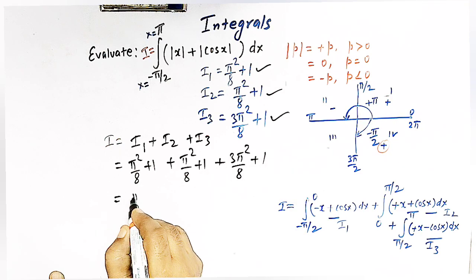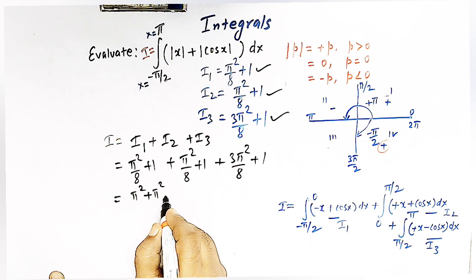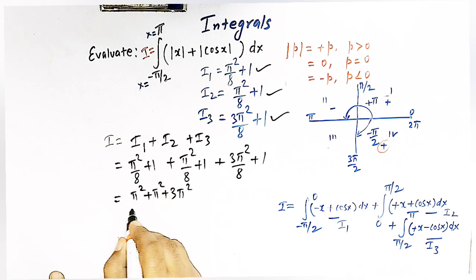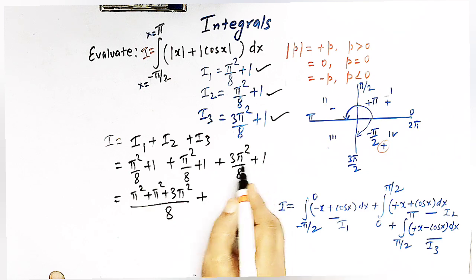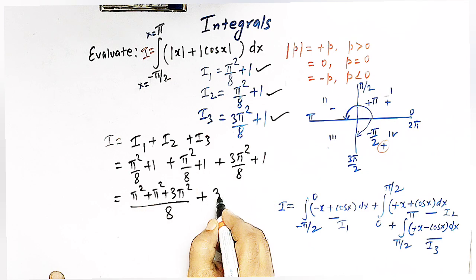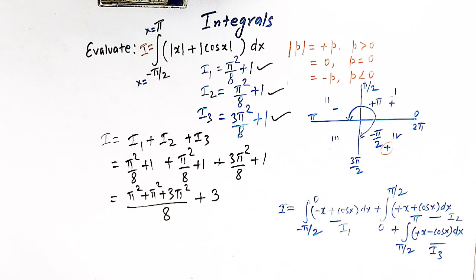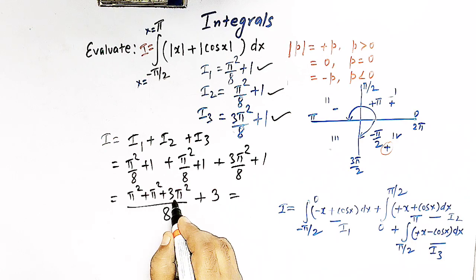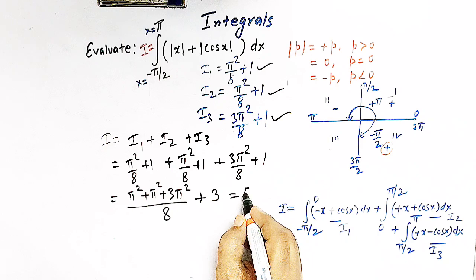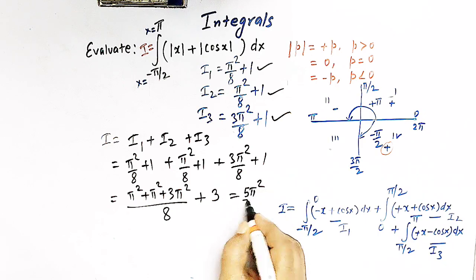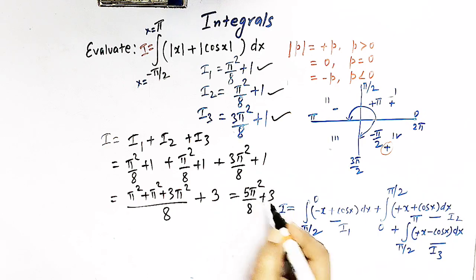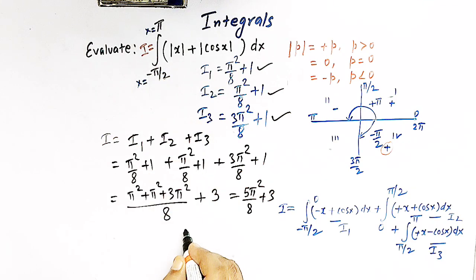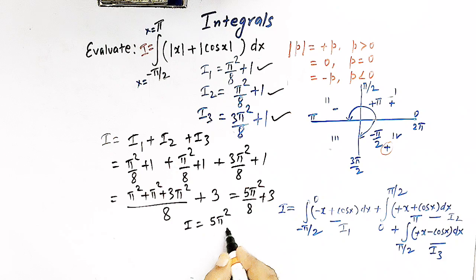So here we have pi square plus pi square plus 3 pi square, and here 1 plus 1 plus 1 is 3. So now here we have pi square plus pi square plus 3 pi square is 5 pi square over 8, plus 3, right? So viewers, the value of this integral I is given by 5 pi square over 8 plus 3.